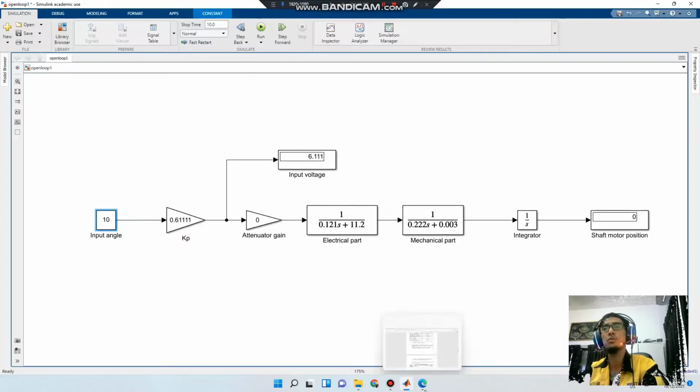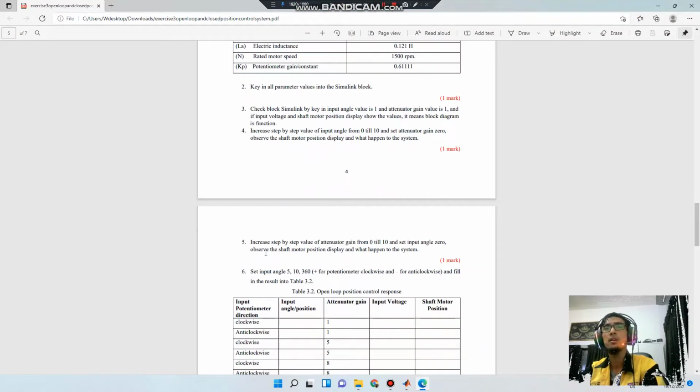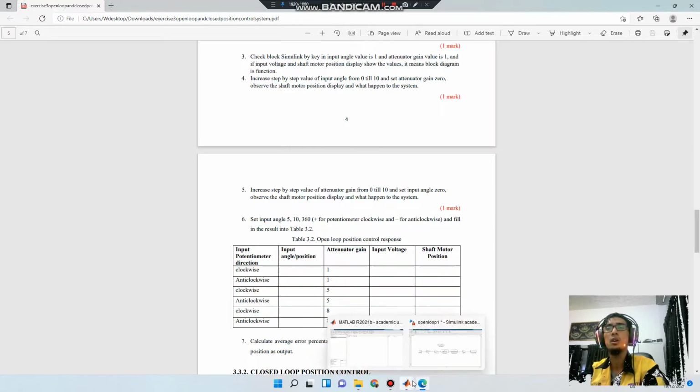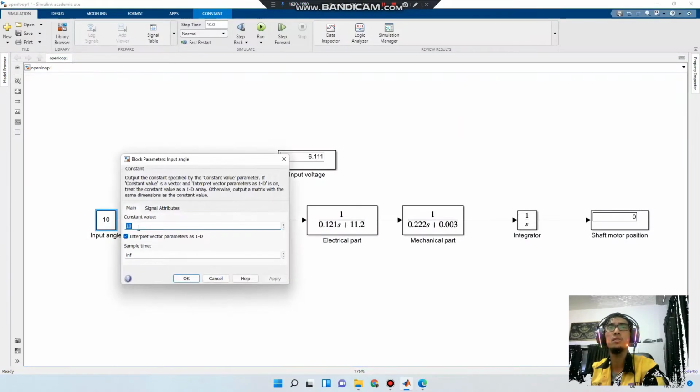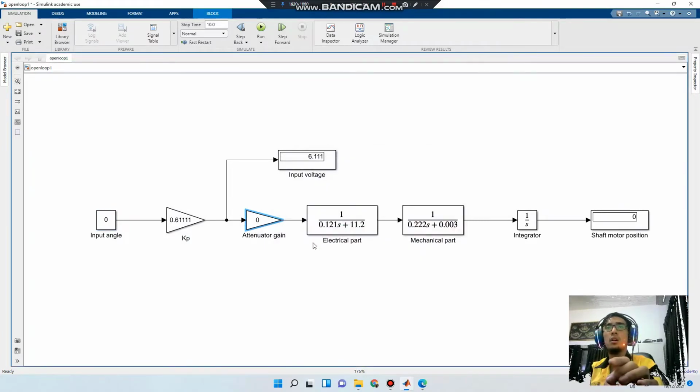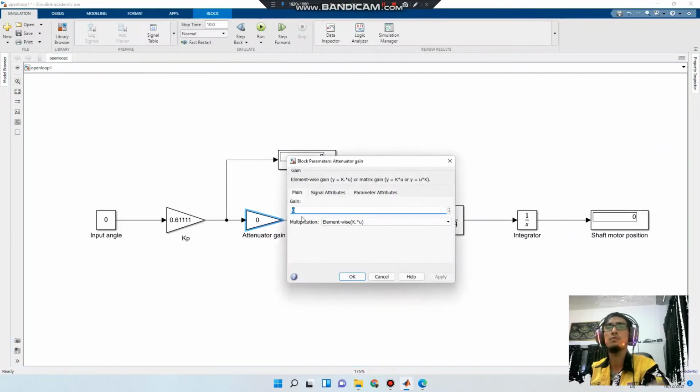Next we go to step 5. Increase the input angle from 0 to 10, starting with input angle 0, and observe the shaft motor position.